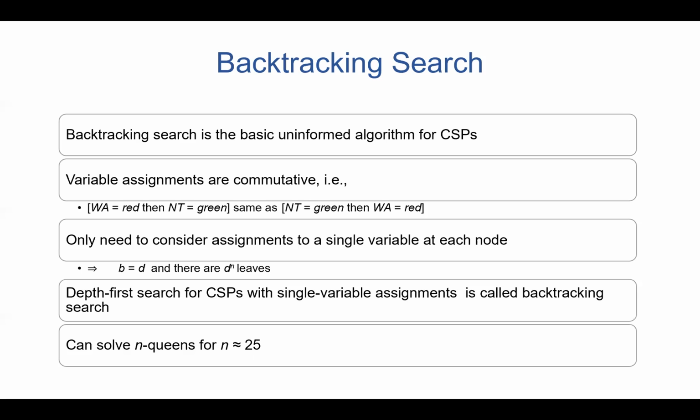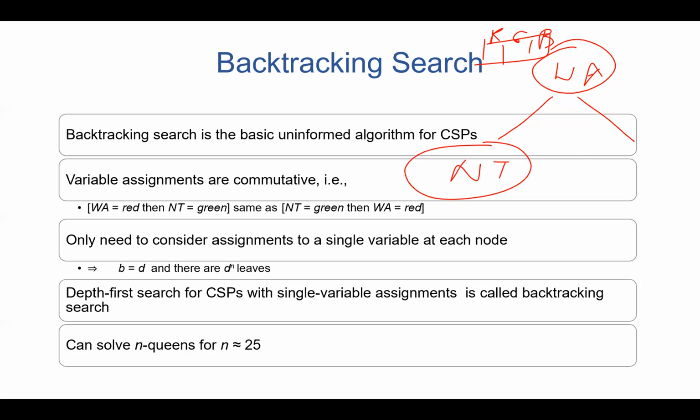It's one assignment per variable at each step. Therefore, it's a depth first search. We will talk about it very soon. Something like this: we start with Western Australia. We have the assignment, red, green, blue. And then we have Northern Territory, and Southern Australia.